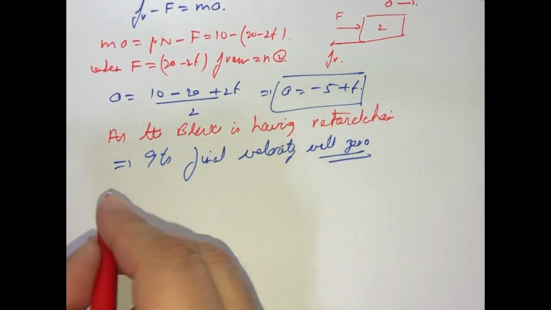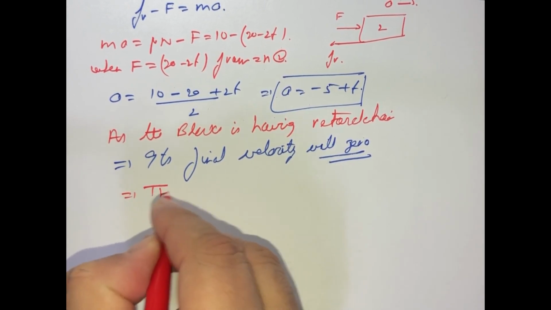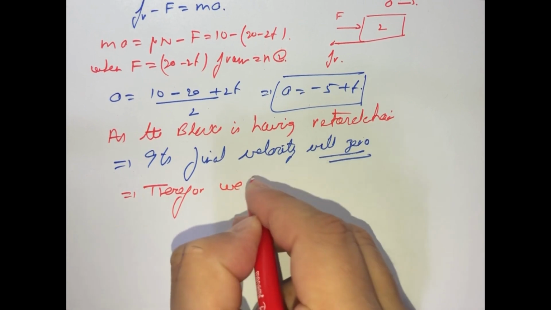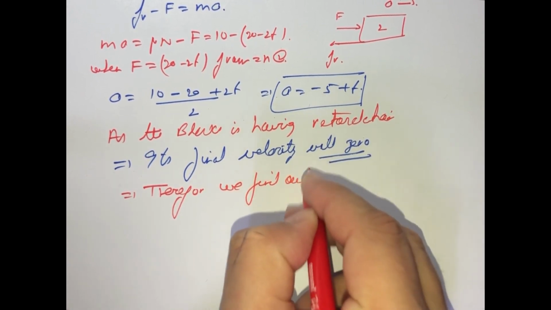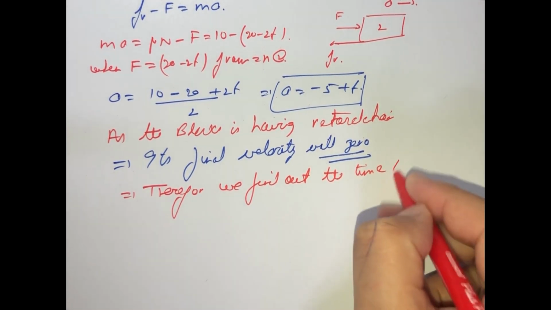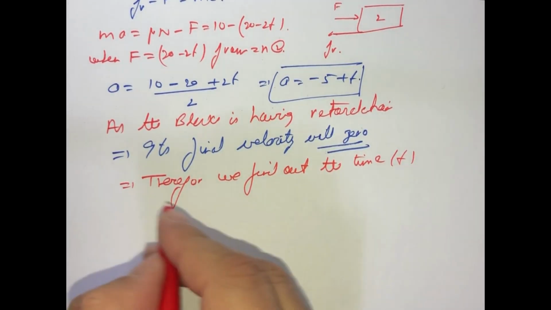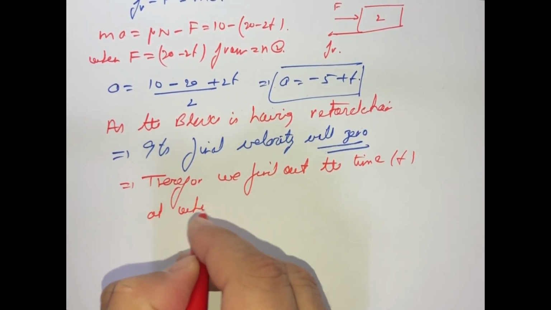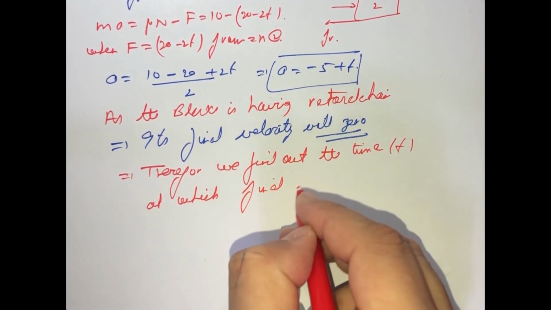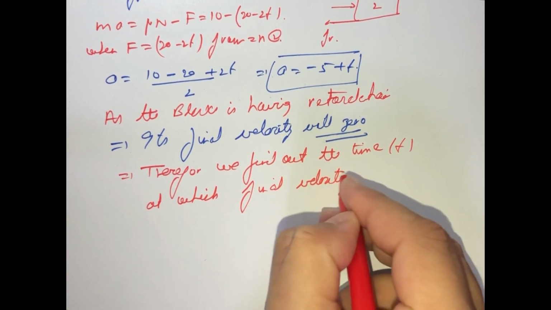Okay. Therefore, we find out the time, let us suppose that is given as t, at which final velocity becomes 0.